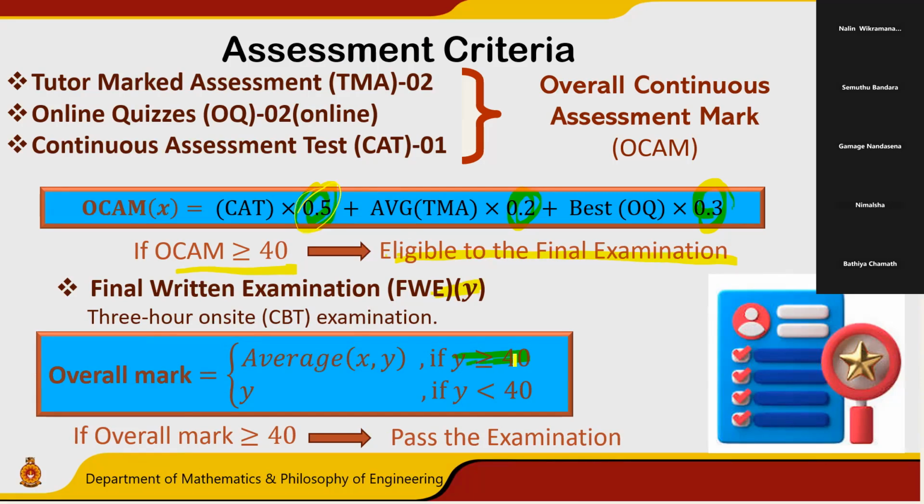If Y is greater than or equal to 40, then the average of X and Y, that is the OCAM mark and the final examination mark, is the final mark.